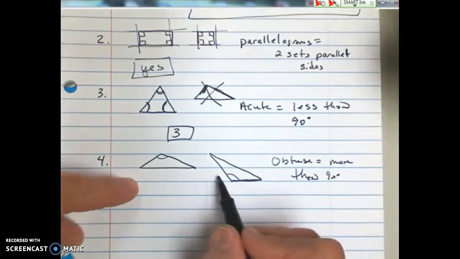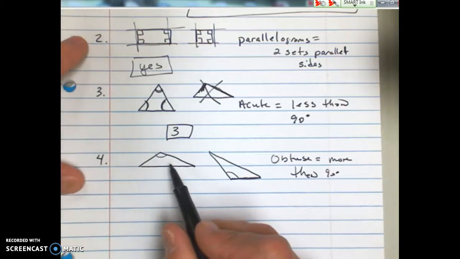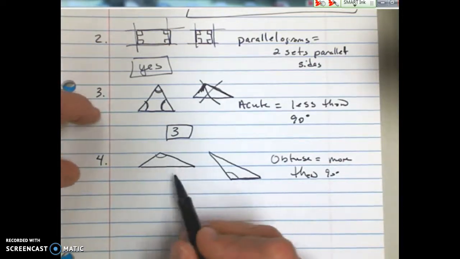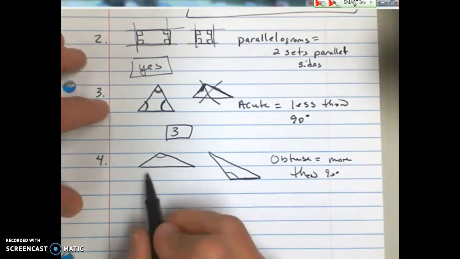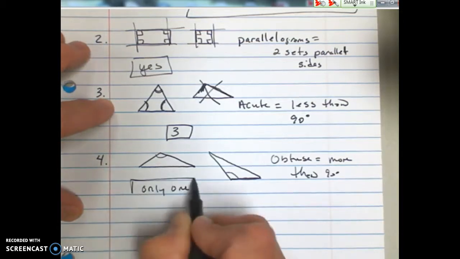And so if we take a look at our two drawings that we have, how many obtuse angles does an obtuse triangle have? Well, in both cases we can only have one, because the other two are acute. So only one. And box that in.